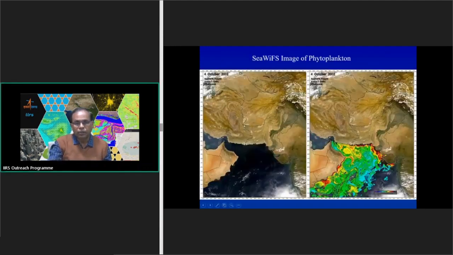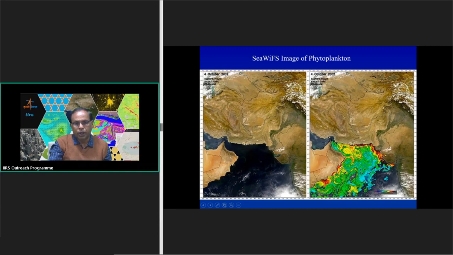And the left hand side of the image shows you the true color composite of the SeaWiFS data, without any correction. After doing the atmospheric correction, taking the pigment index and applying appropriate algorithms, the data is converted to map the phytoplankton concentration, and you can see different colors represent different concentration ranges, starting from blue to red.